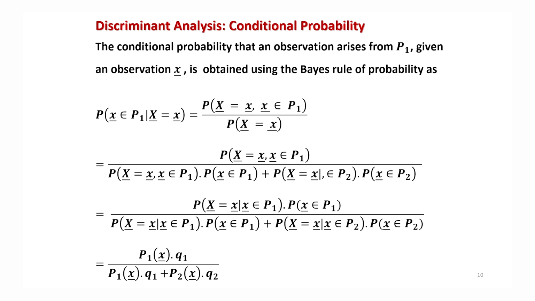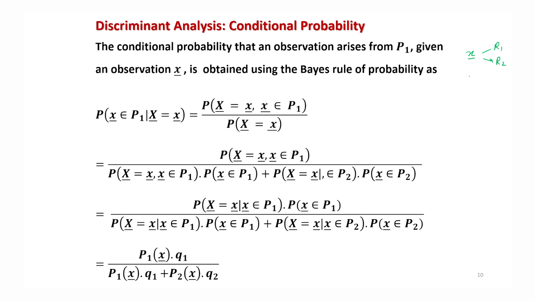So now our issue is we have got an observation X, and we would like to classify it into either R1 or R2, knowing the prior probabilities Q1 and Q2, such that this expected loss is minimum. For that we need to find out first the probability that the observation is coming from population P1 or P2.